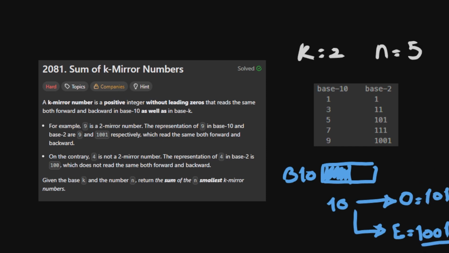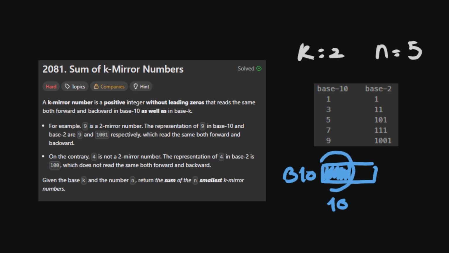Similarly, when we take this and we get the base k representation of this, if that representation is a palindrome, we add this base 10 representation to the result. So as you can see, we will only iterate numbers for this first half of every palindrome, and that reduces a lot of time complexity.